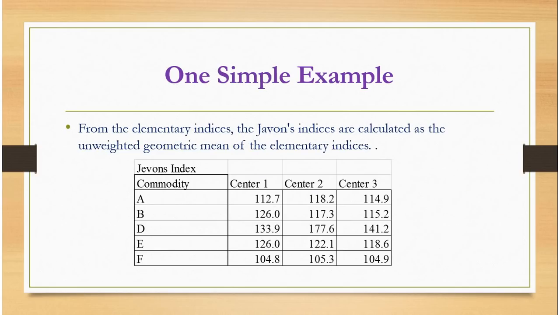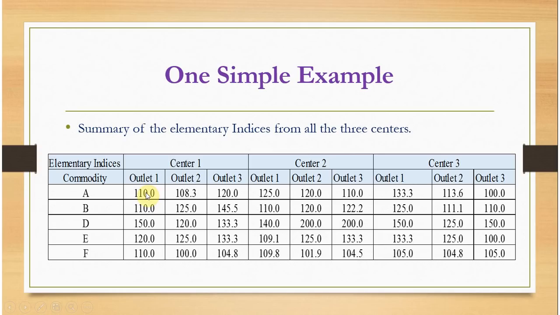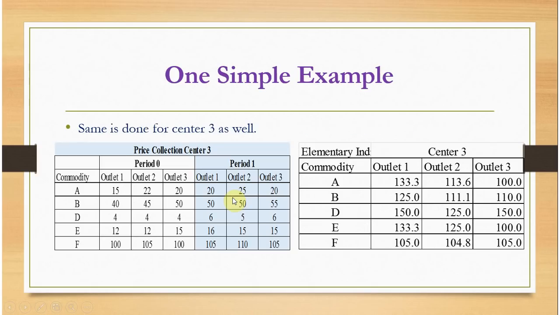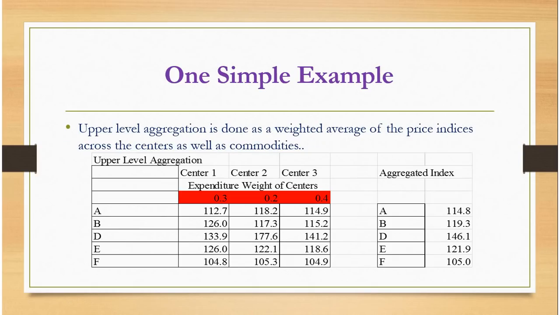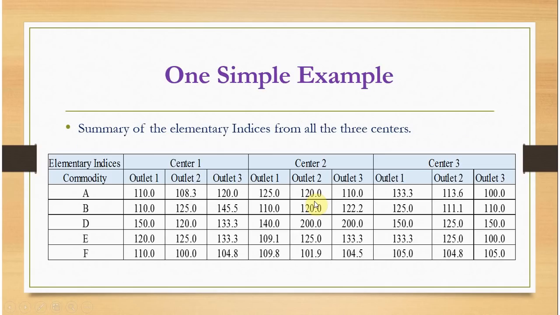Now from elementary indices, the Jevons indices are calculated as the unweighted geometric mean. So this 112 is the geometric average of 110, 108, and 120. This 118 is the geometric average of 125, 120, and 110.